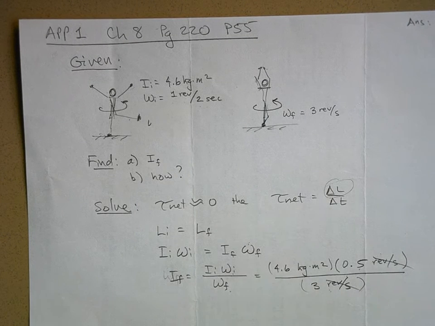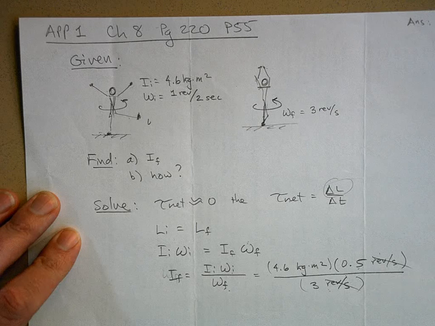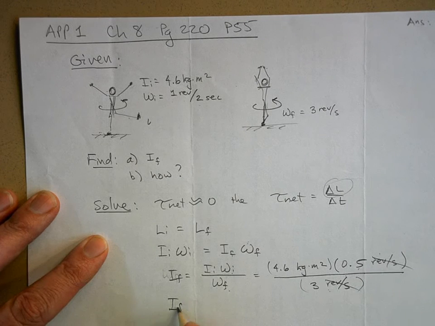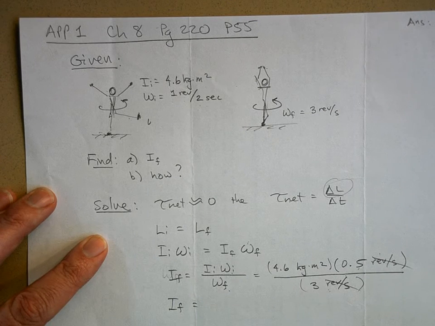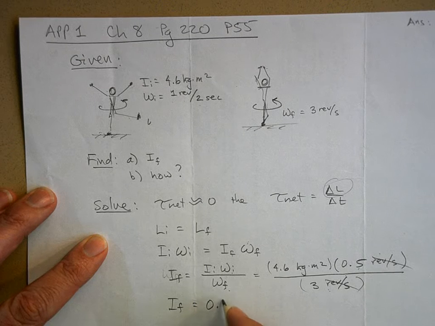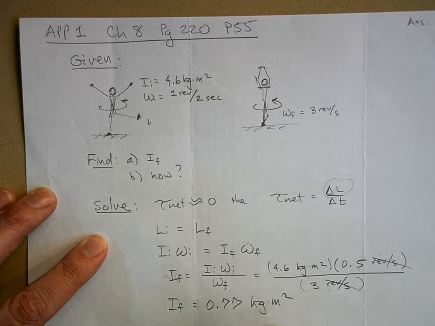The revolutions per second goes away, and you plug those values in. It's 4.6 times 0.5 divided by 3, and you get 0.7666, so I'm just going to round it off to 0.77 kilogram meters squared.